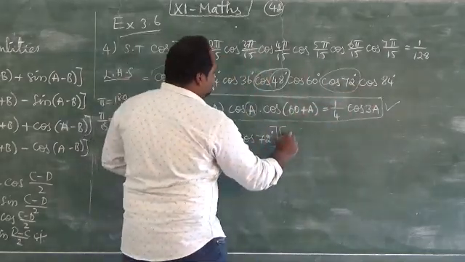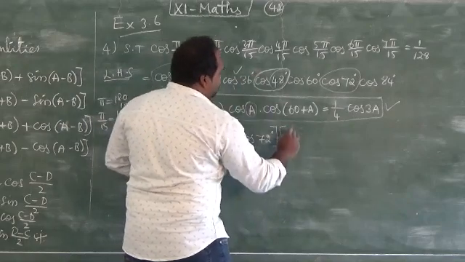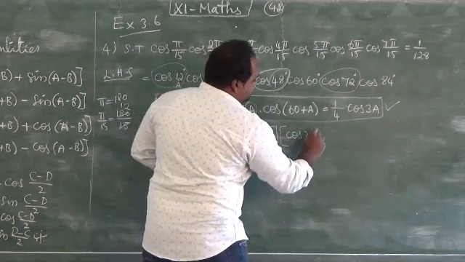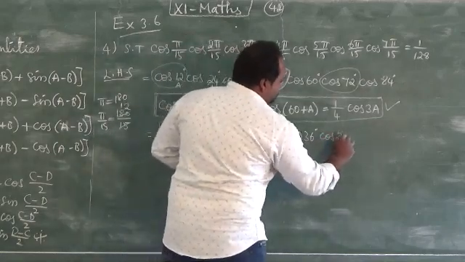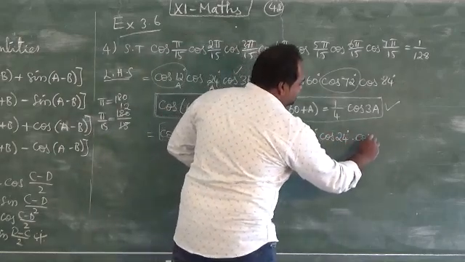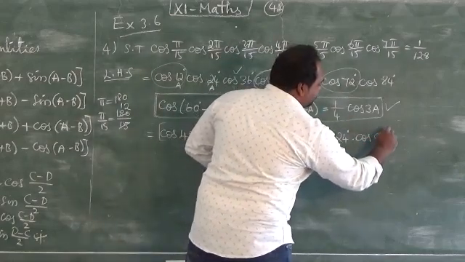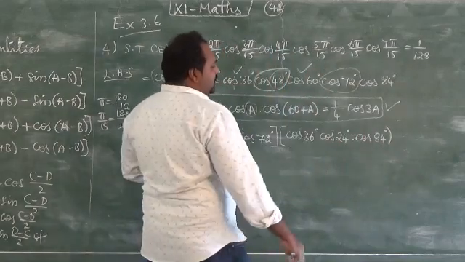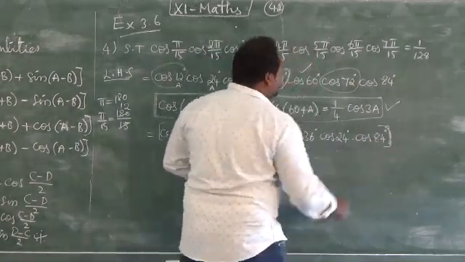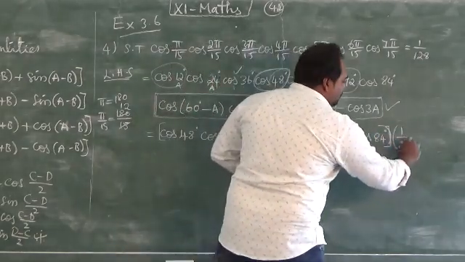So the first order is cos 36 degree, then cos A is cos 24, into cos 60 plus 24 is cos 84 degree, into another one separately, that is cos 60. Cos 60 value we know, we just write 1 by 2.